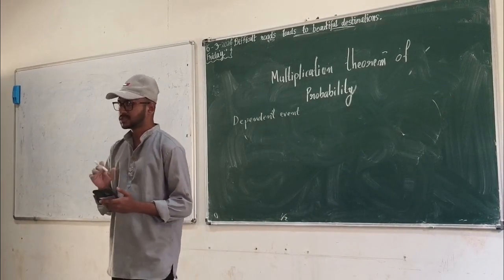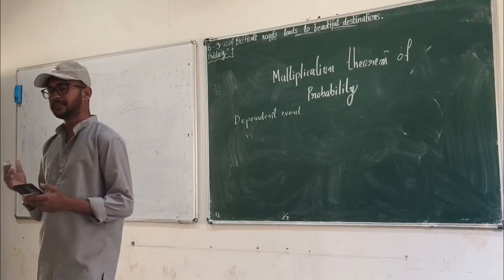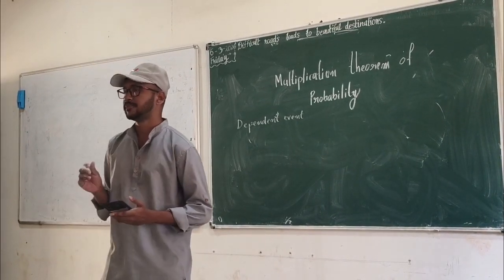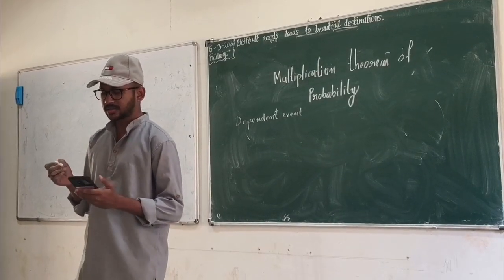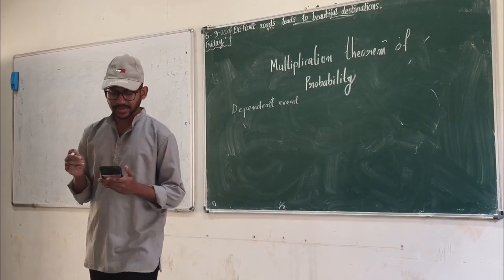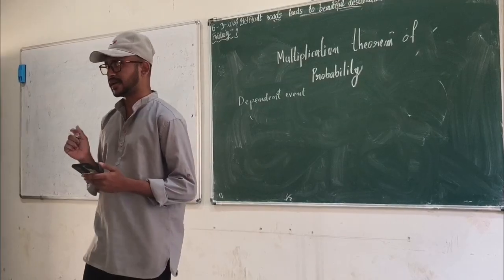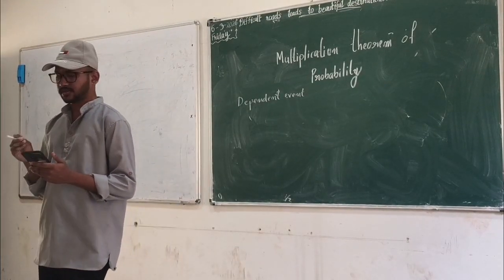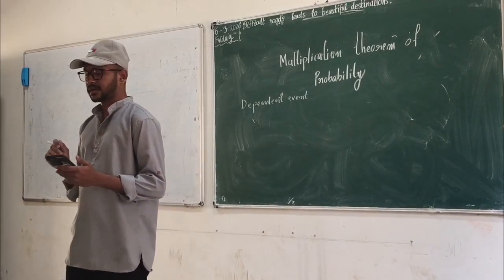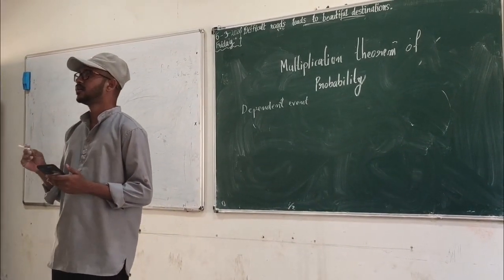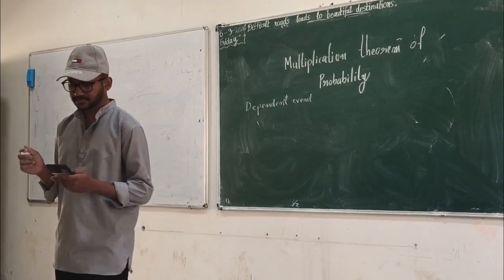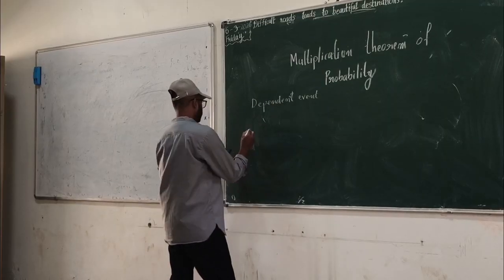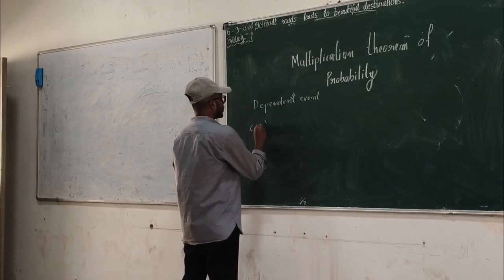And we can talk about the independent situation, where the probability of the outcome does not depend on the change. So if a coin and a die are thrown together, let's find the probability of getting a number and a head or tail.